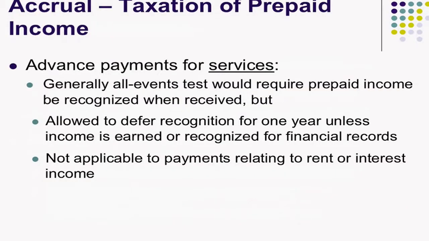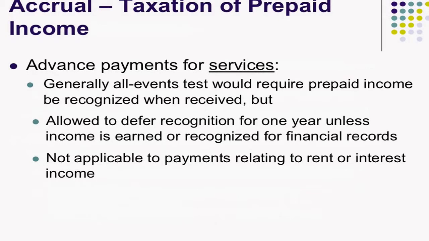Okay. Prepaid income. Advance payments for services. Generally, again, the all events test would require prepaid income to be recognized when you get it, right? Even if you haven't done something yet, when you've gotten an early payment for it from your customer, you need to recognize it, even though you haven't completed the service yet.